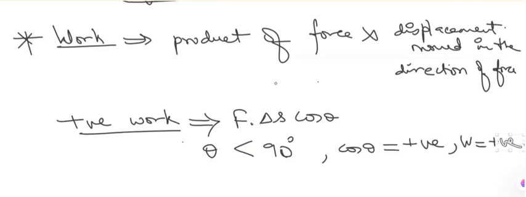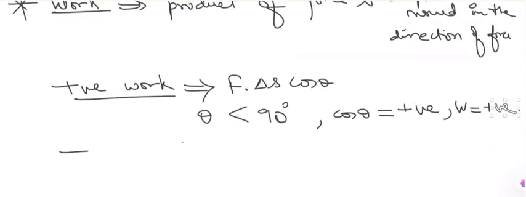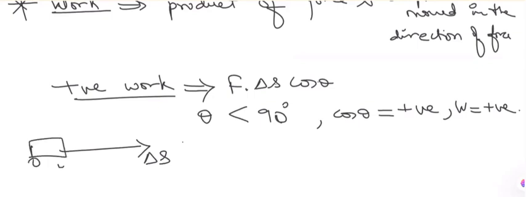I'll give you one example. Suppose here I am trying to push my object, let's say delta S. I am having here a toy car, and I'm applying a force over here. So it will move with a theta angle. Theta is less than 90, so the work is happening.